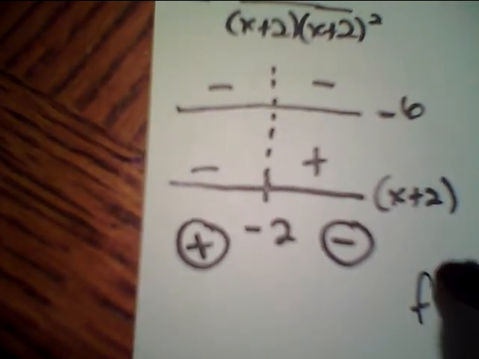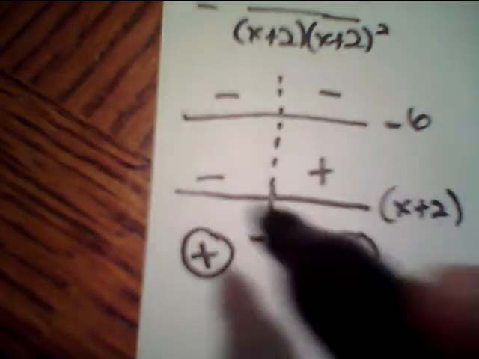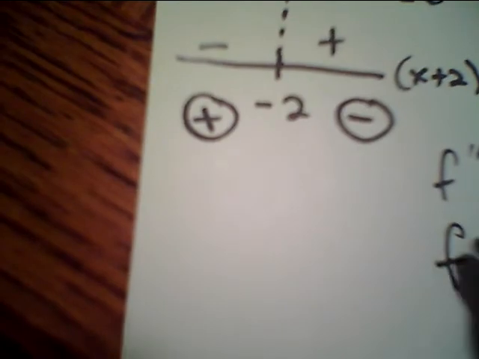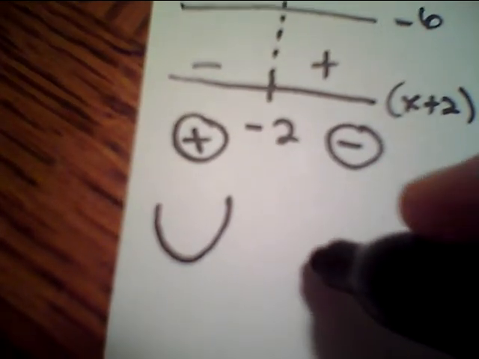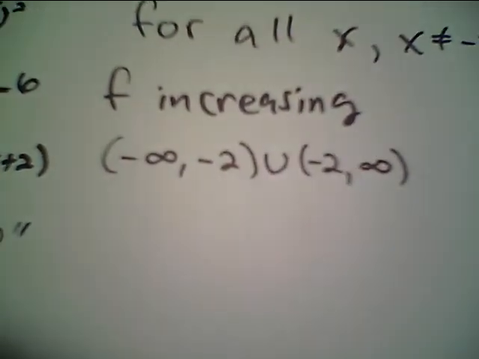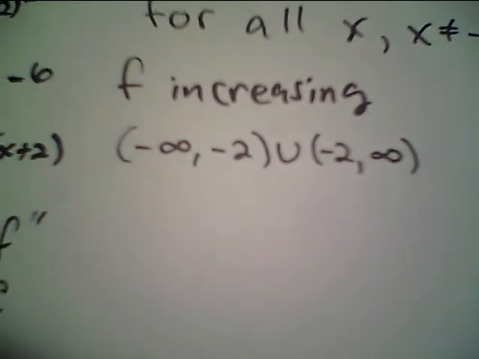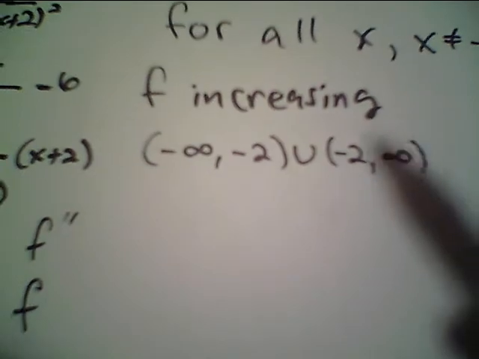That's f prime of x. This is f double prime: it is positive to the left of minus 2 and negative to the right of minus 2. So that tells me that f is concave up to the left of minus 2 and concave down to the right of minus 2. So I would put in that f is increasing from minus infinity to minus 2, and increasing from minus 2 to positive infinity.